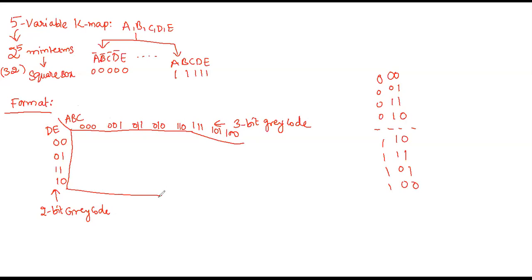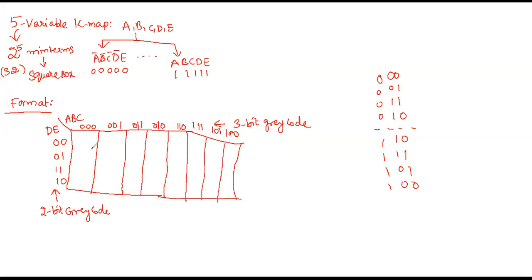Now form the square boxes and identify which minterm each box belongs to. This is M0 minterm.